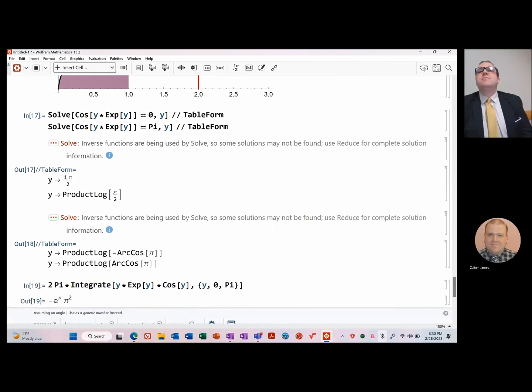Yeah, that's what they meant. Well, apparently they did, because that's the answer they have. Which again doesn't make any sense because volume should be positive. So they just really screwed up on this problem.